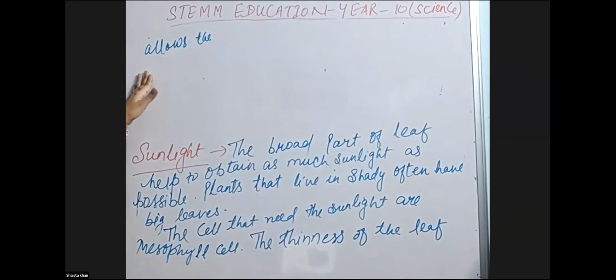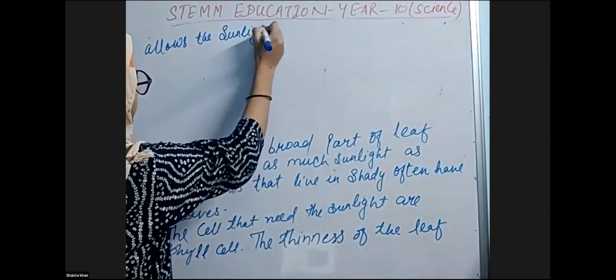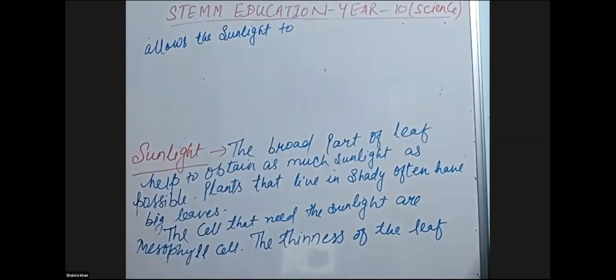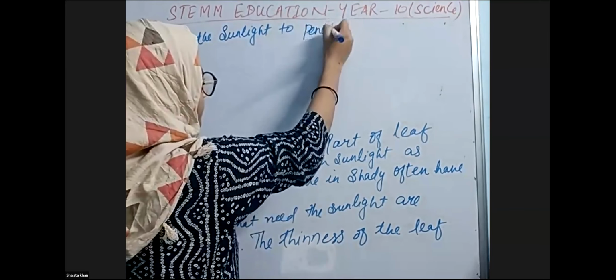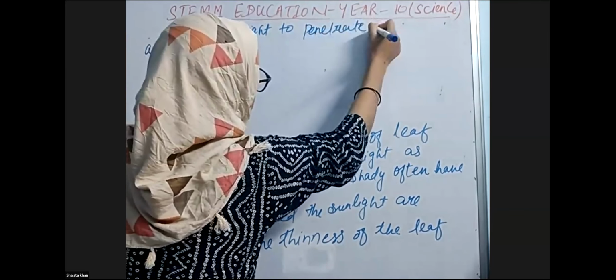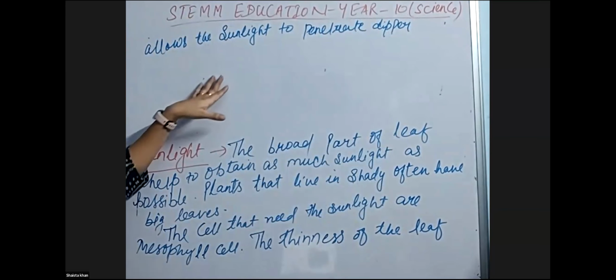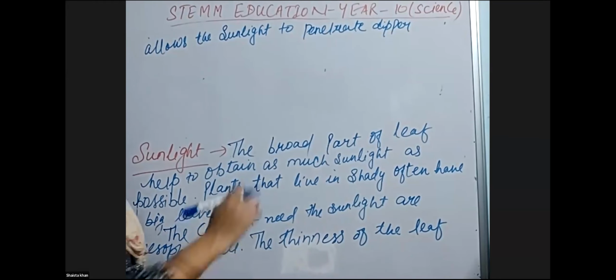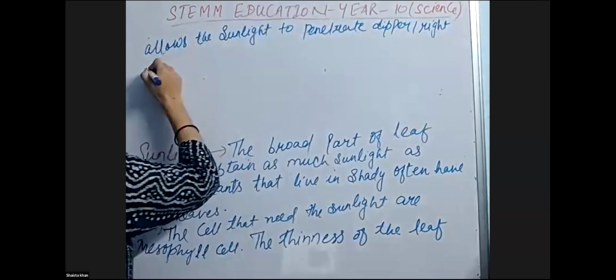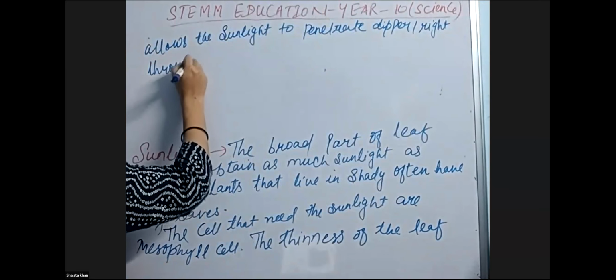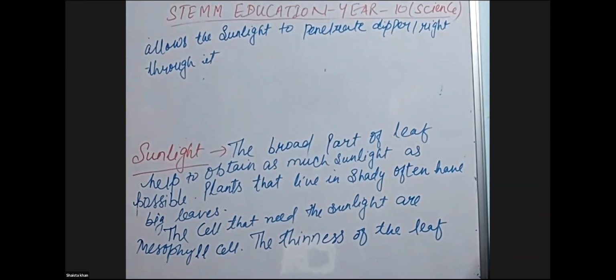The thinness of the leaf allows the sunlight to penetrate deeper, or right through it. Okay?